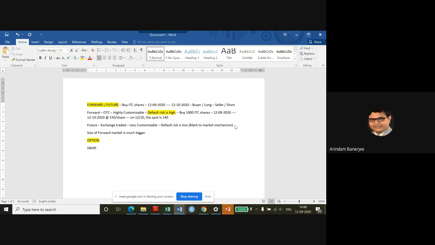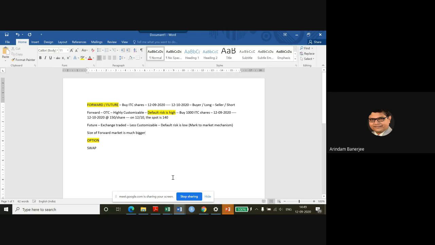In the forward market, I can decide the delivery date, and also the quality of the underlying asset, which is not possible in case of futures. In futures, I have to choose from the contracts which are available in the exchange. But in case of forward, I can directly get into a contract with the counterparty, and customize on the basis of mutual interest.